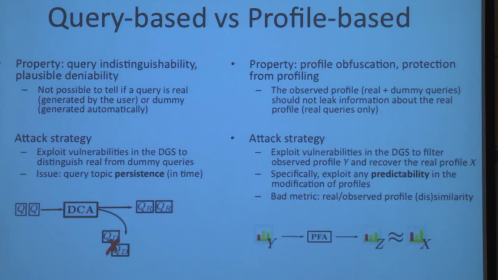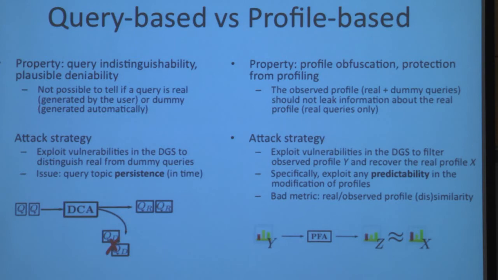I would choose the dummy queries in a way that I move your profile as far away as possible. That's one strategy. The other strategy that another paper used was to say, okay, this is the average profile of the population, assuming we have that. If this is the middle point, the average point, and you're here, I'm going to generate queries that bring you as fast as possible towards this average point. So this would be somehow a deterministic profile for everyone.